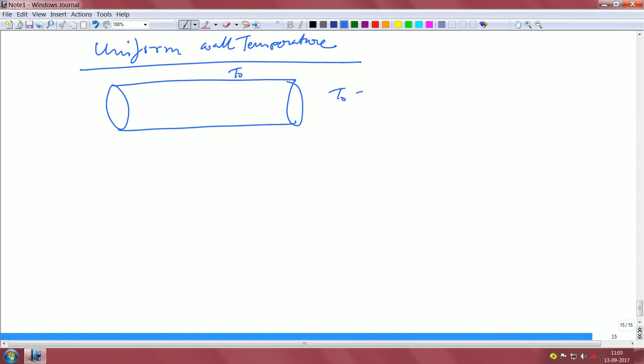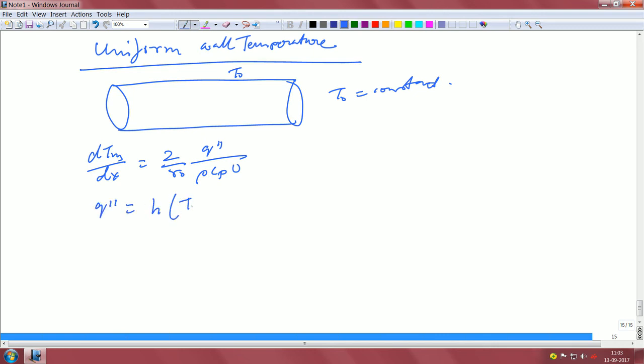So, T naught is basically a constant, and your dTm by dx is still given by the same thing, q double prime divided by rho Cp into u, and q double prime is basically h into T naught minus Tm into x.